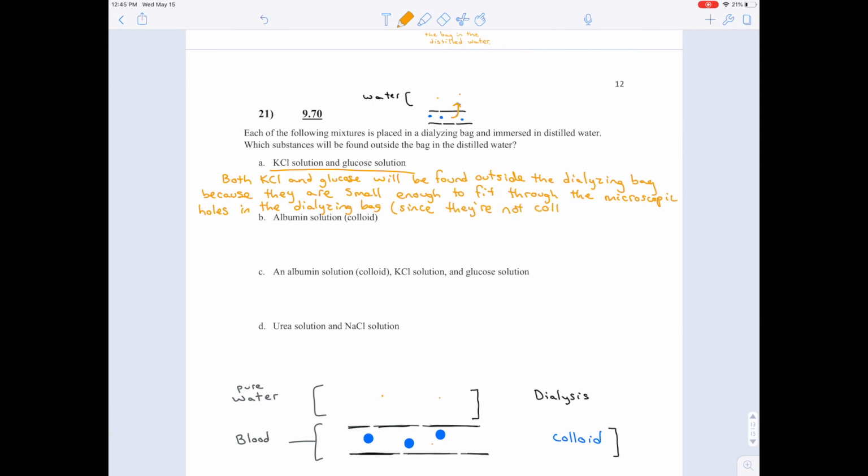Because colloids are molecules that are too big to fit through those holes.